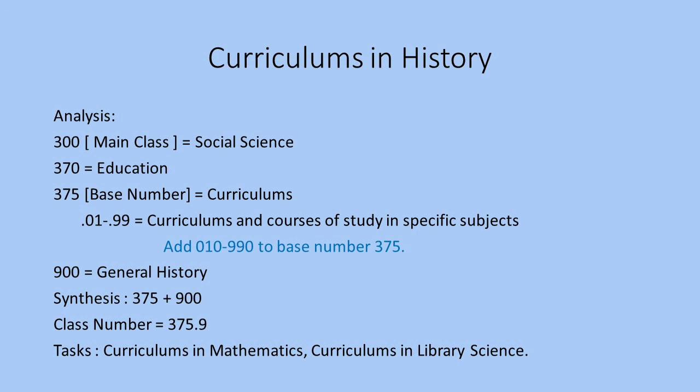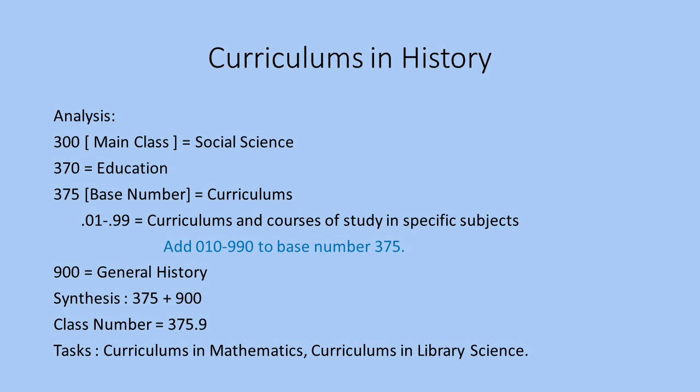That is why we know the curriculum is part of education and education is under the main class of social science. That is why I have written 300 main class, that is social science. Under social science, in 370 there is education, the notation of education. Under education, 375. 375 is the notation for curriculum.